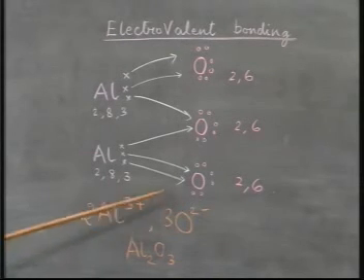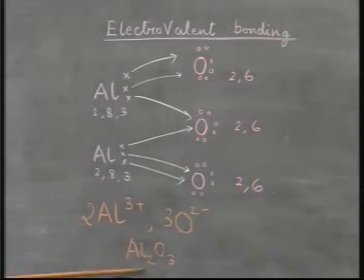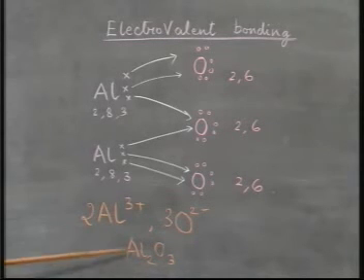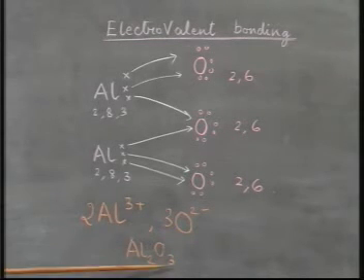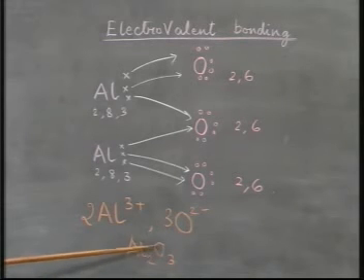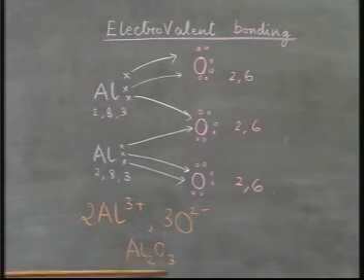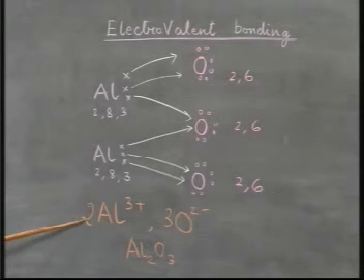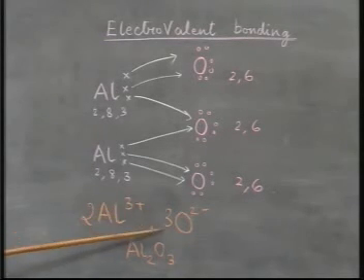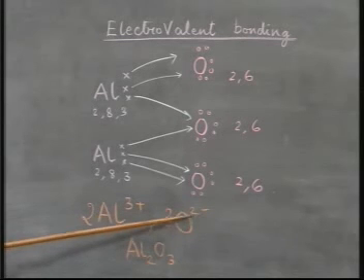The resulting compound will therefore be Al2O3. This is what we have learnt from valency. The valency of aluminium is 3 and the valency of oxygen is 2. So aluminium oxide, Al2O3, is formed by 2 aluminium ions, each 3 positively charged, and 3 oxide ions, each double negative.